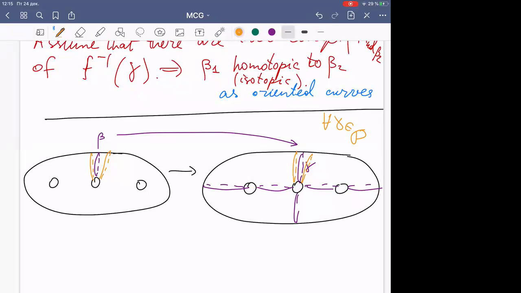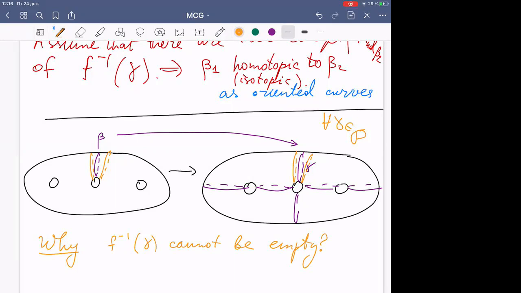Well, to be honest, we have not proved that this component is unique. We have proved that there is at most one such component. But why? We should answer the question why the pre-image of gamma cannot be empty. This cannot be true for many reasons.